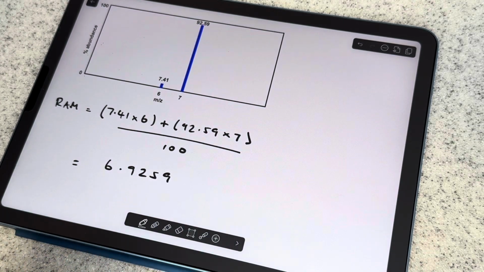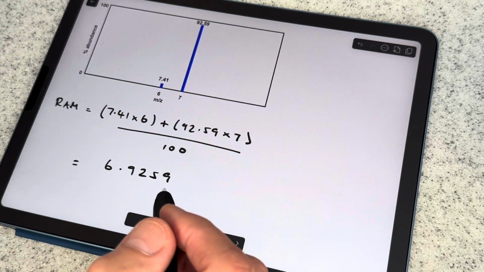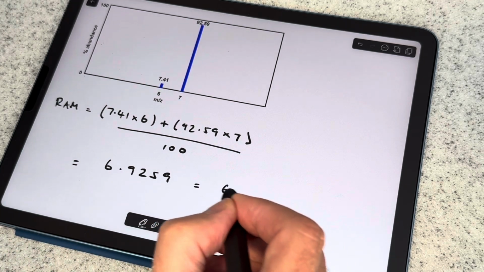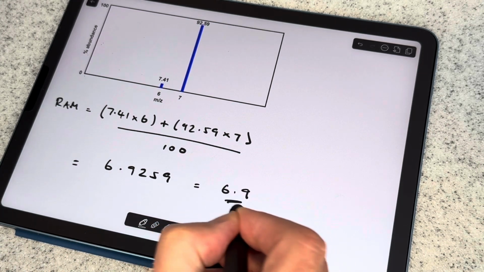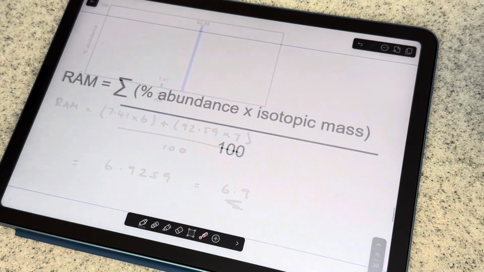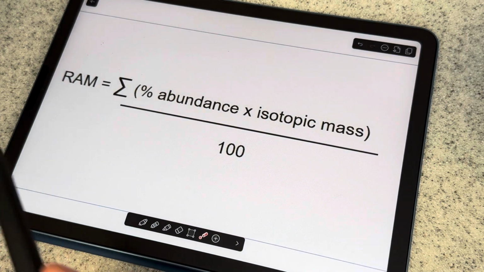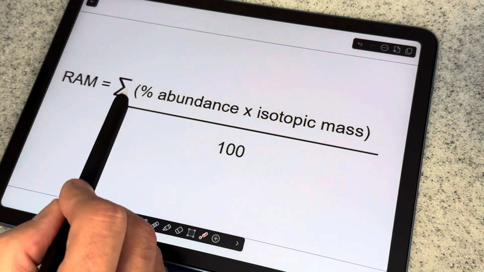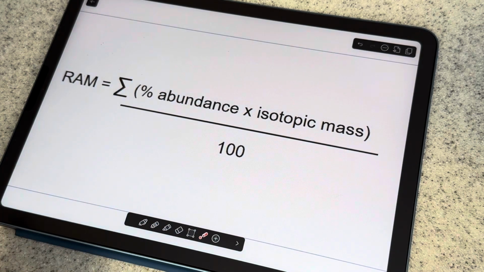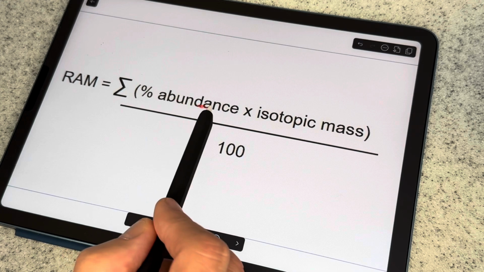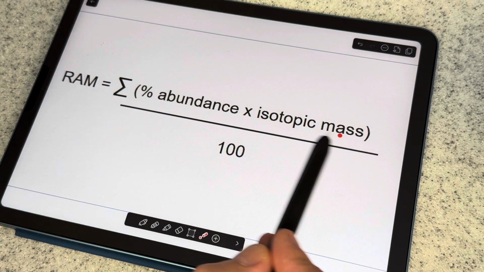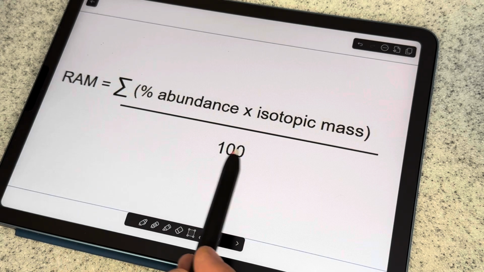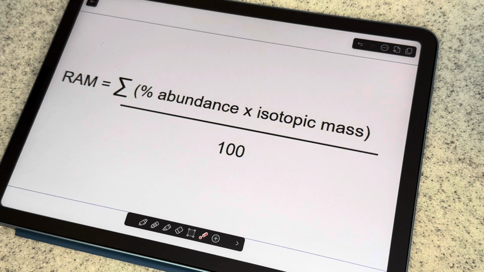Remember at the start of the video I said, where does that 6.9 come from? At 1 decimal place, that is 6.9. So in terms of a mathematical formula, all we've done to calculate the relative atomic mass is take the sum of, that's what this symbol means, the sum of the percentage abundance multiplied by its isotopic mass, or M over Z value. We've added all those together and divided by 100.